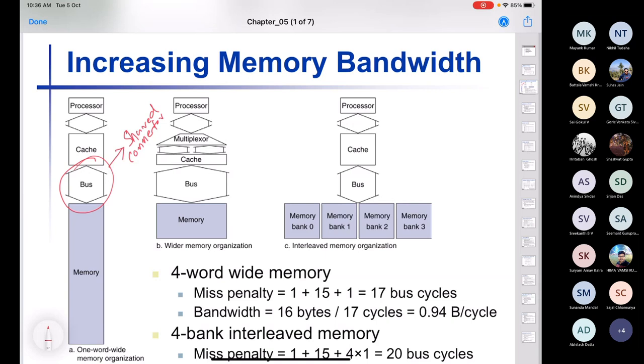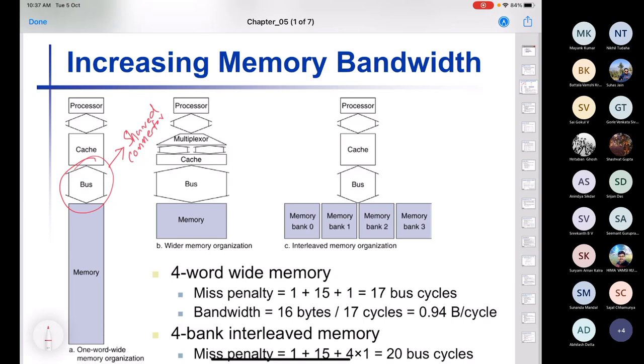The memory is a resource which might be accessed by many other devices also using the same memory bus, where the processor itself is kind of a shared connectivity for this memory to connect. The bus provides the shared connectivity to the processor and other devices to memory. You might ask, why do other devices need memory? Well, we'll study very soon that other devices also have a lot of use of this DRAM.